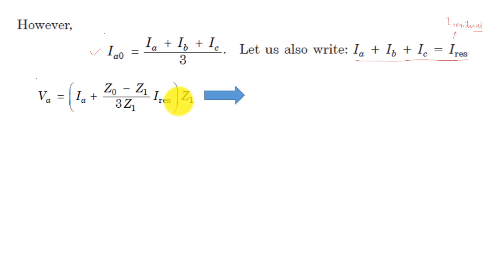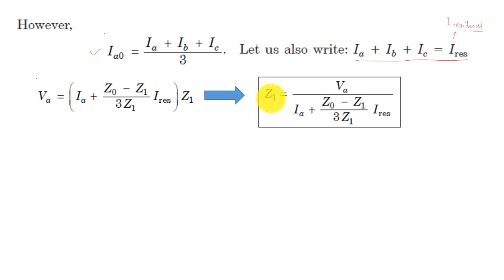That will give Z1 equal to VA by IA plus Z0 minus Z1 divided by 3 Z1 into I residual.